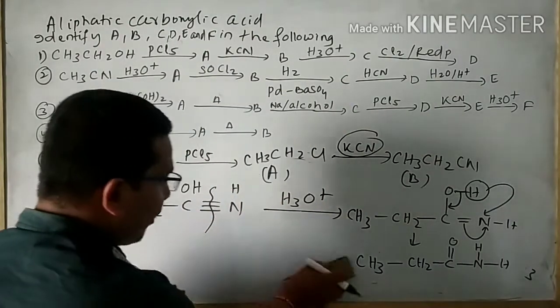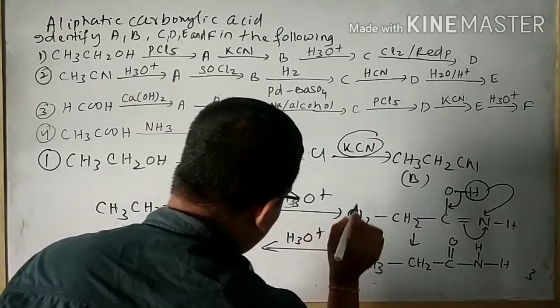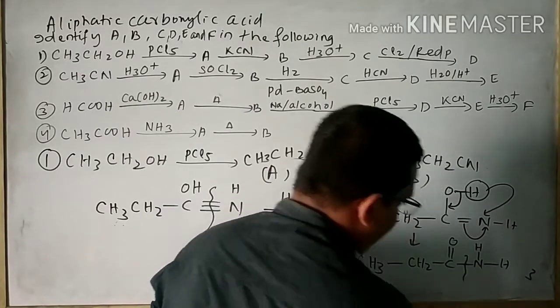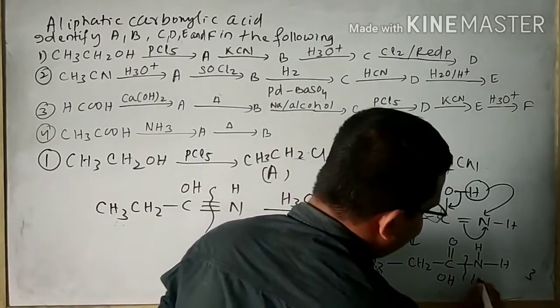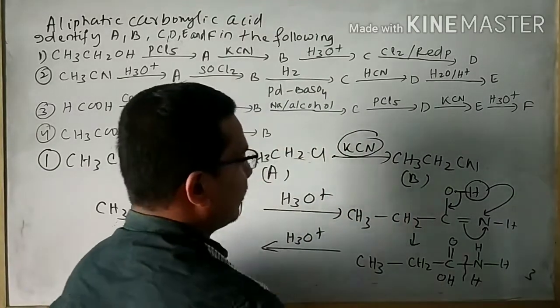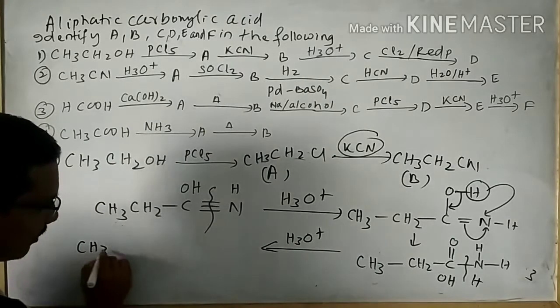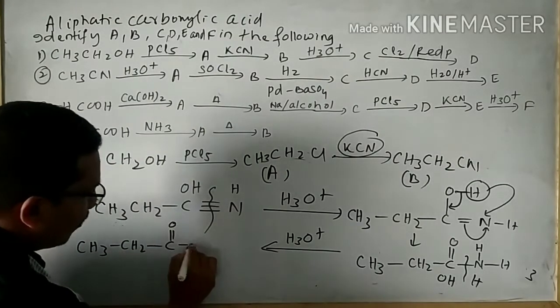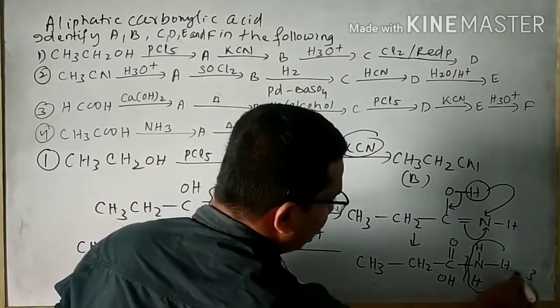Now this amide product again undergoes hydrolysis with H3O plus. Now I will break this bond and OH will attach to this carbon atom and hydrogen will attach to the nitrogen atom. So the product is CH3 bond CH2 bond C double bond O bond OH, and the byproduct is this.